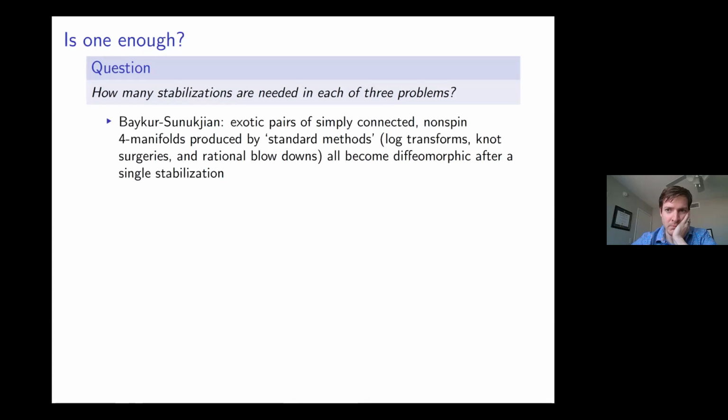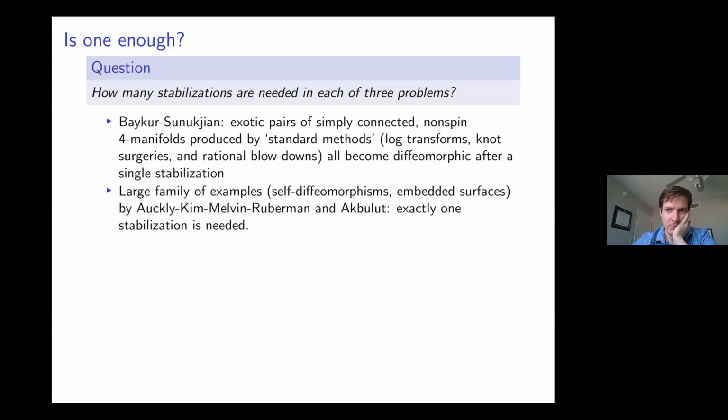The first was made by Baykur and Sunukjian, and states that exotic pairs of simply connected non-spin four-manifolds produced by standard methods, namely log transformations, knot surgeries, and rational blowdowns, all become diffeomorphic after a single stabilization. So a single stabilization is enough to annihilate exotic phenomena in this case.